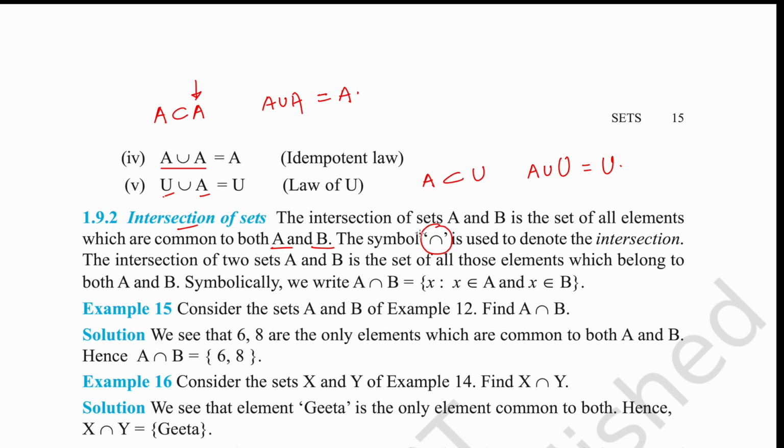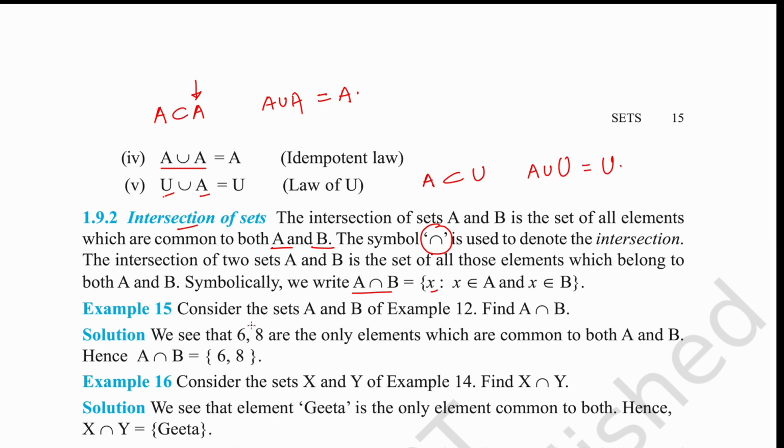So the symbol which is used for intersection is this. So whenever we write A intersection B, that means we are trying to find the common elements which are there in A as well as there in B. So that means we are trying to find all the set of x's which are there in A and simultaneously which are there in B, right?